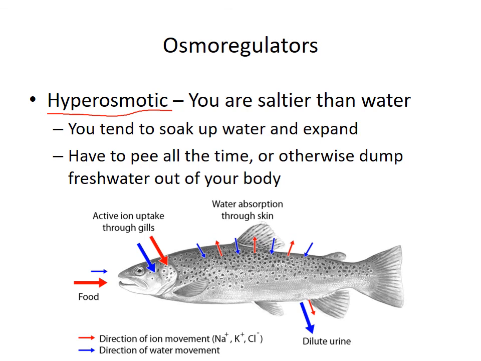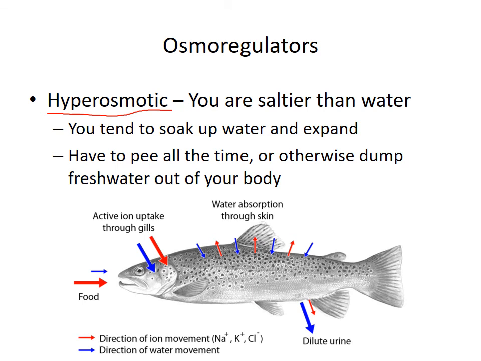Due to the process of osmosis, water is tending to flow from the water surrounding you into your cells. And so there's a tendency for you to be swelling up, for your cells to be bloating and expanding. You need to constantly be dumping the excess water from yourself, and yet trying to not lose the salts that you have concentrated in your body.